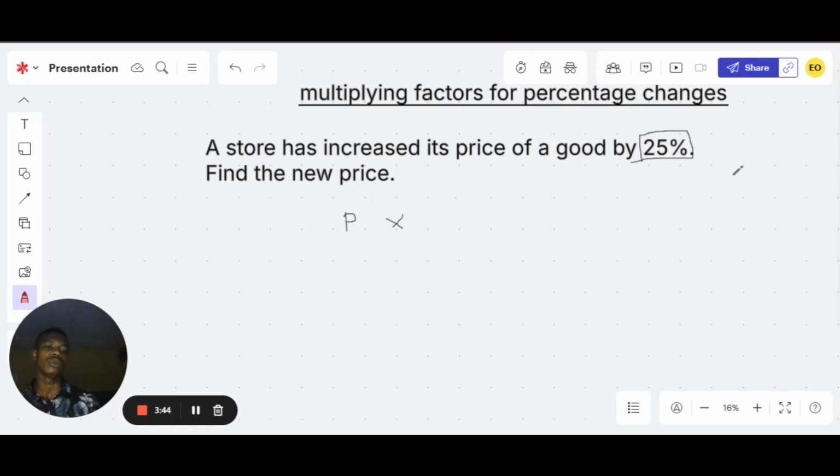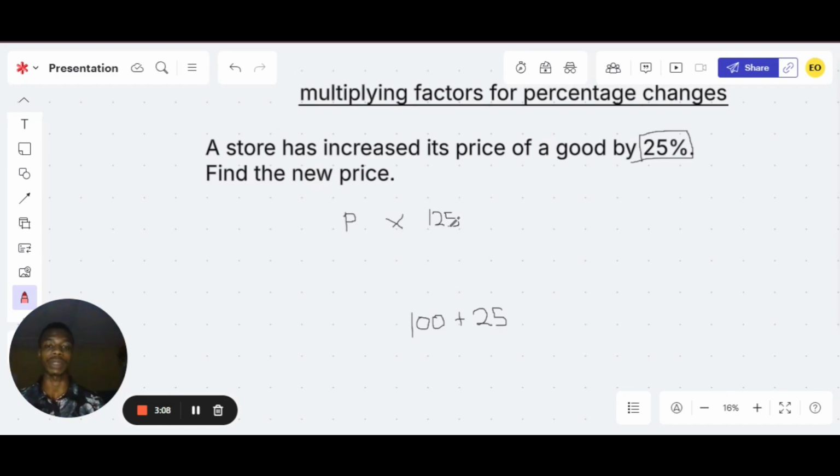Now, what is the multiplying factor for 25%? First of all, remember that 100% is 1. So the original value of the price of the goods is 100%. Now you're going to add 25% because the price of the good increased by 25%. So what you're going to have is 125%. The value for the price of the good is now 125%.